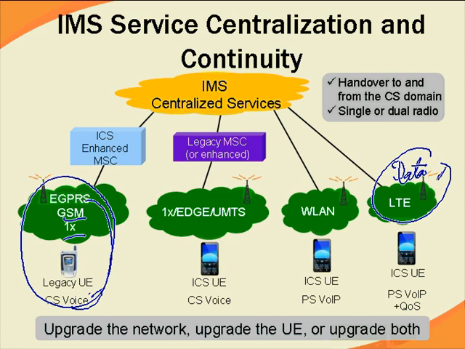So that is the grand vision that we have, and to support that kind of functionality, we will rely upon the IMS, and one example is some kind of application server sitting inside the IMS network. Then to help IMS network, we could have the circuit switch core network that is enhanced for IMS centralized services, or we can use a legacy core network, and in that case we can upgrade the UE.